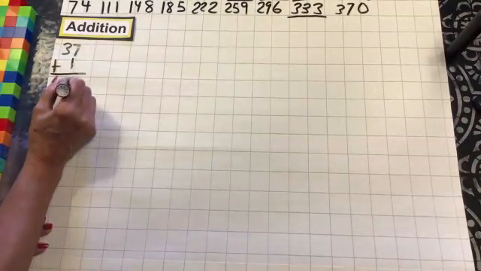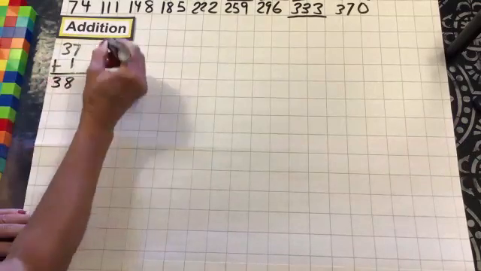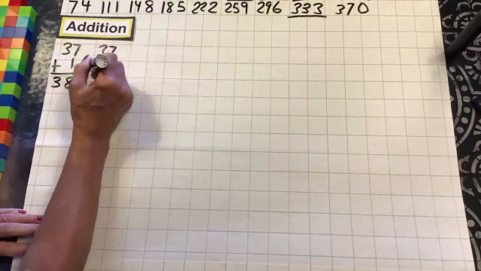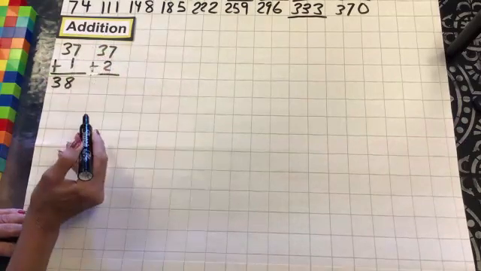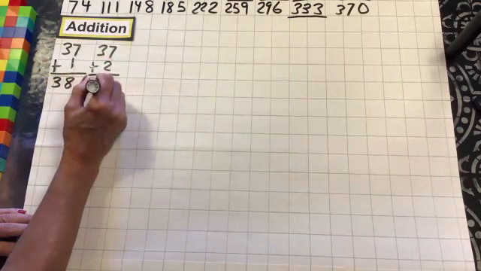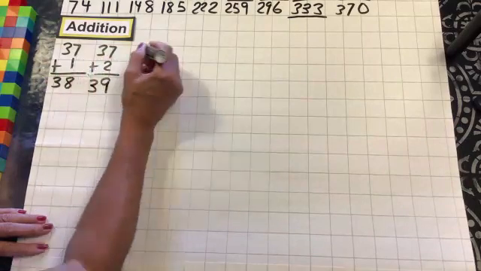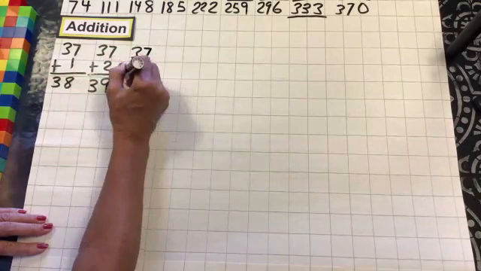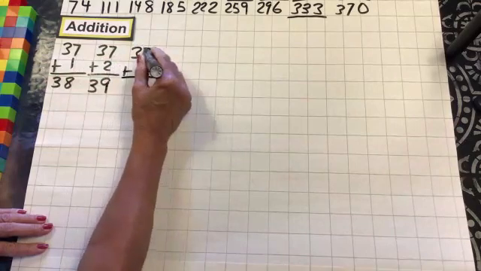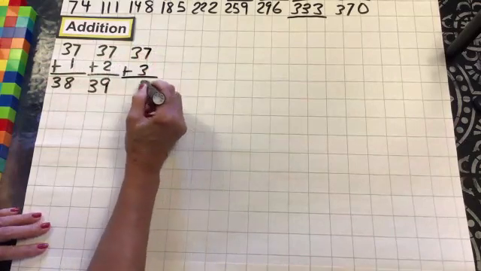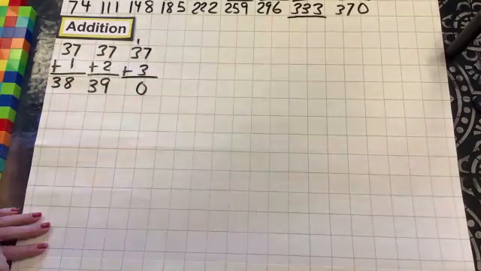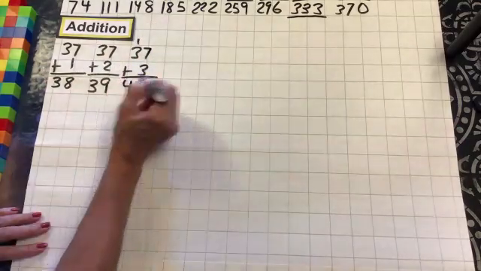Well, 7 plus 1 is 8, and then we drop that 3 down. 37 plus 2. 7 plus 2 is 9. We drop the 3 down. There's nothing else to add to it. 37 plus 3. 7 plus 3 is 10. So we're going to drop the 0 and carry the 1. 1 plus 3 is 4.